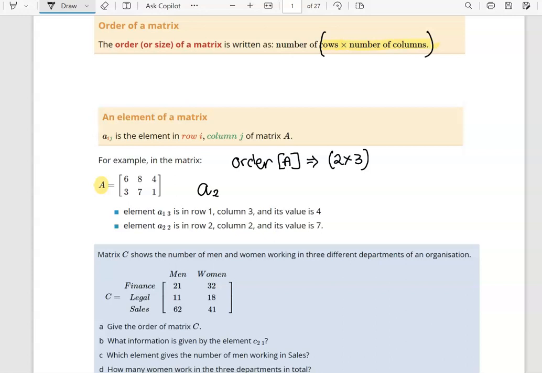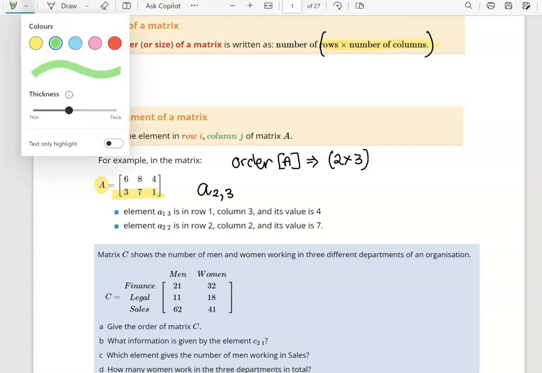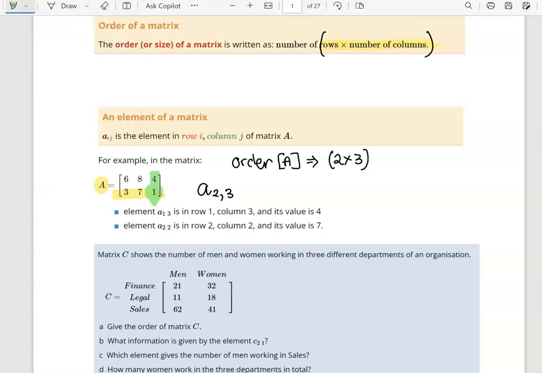So they want me to go to row 2, and then they'll say the column. So when you're asked, what is element a2,3, you go to row 2. So here's row 2, and you go to column 3 here. And so there, the element a23 is number 1.